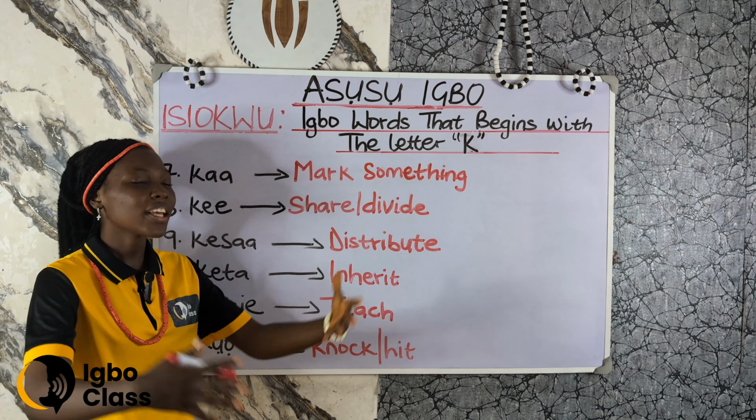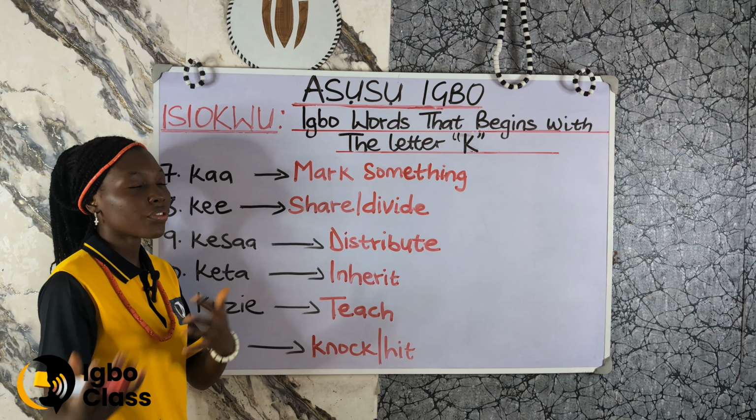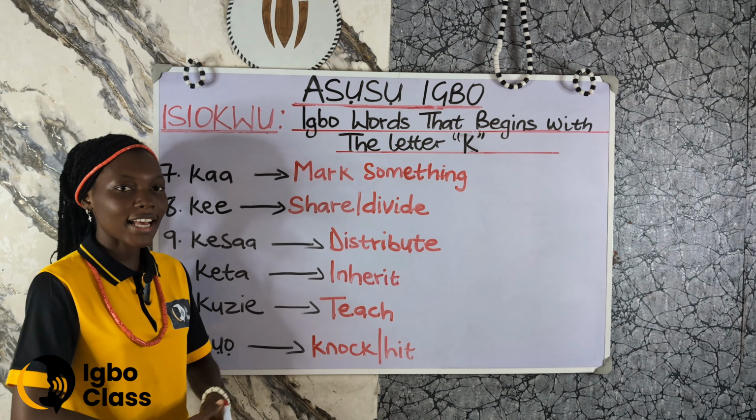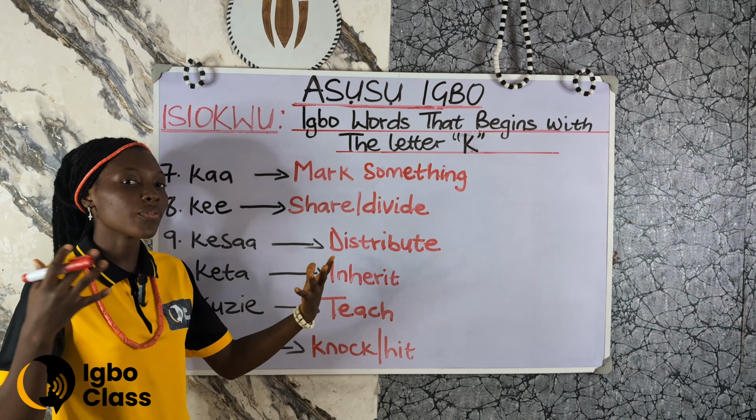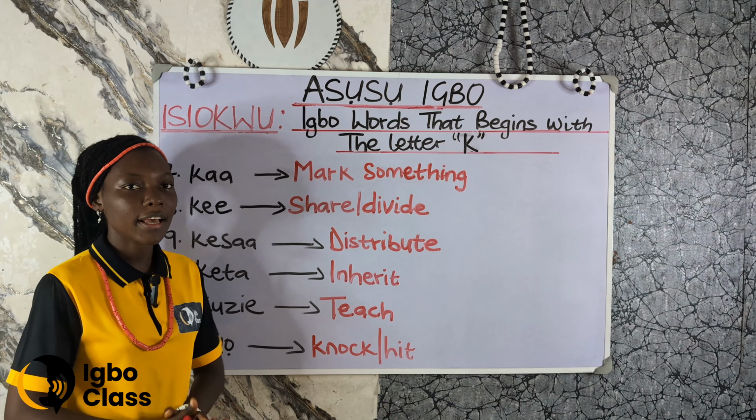Now, we are talking of a very big number of persons, not just 2 or 3 or 4 persons. Kesa, to distribute. Ke, to share within a smaller range of persons, 2, 3, 4 as the case may be.